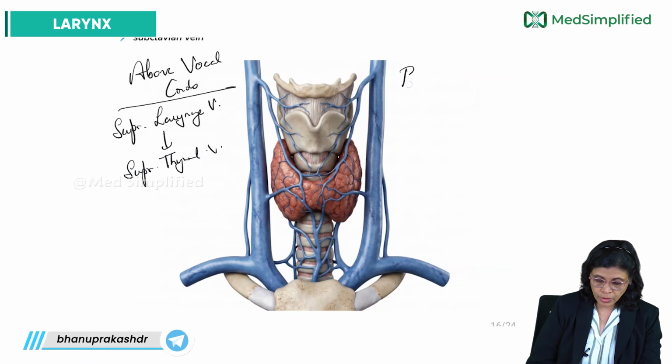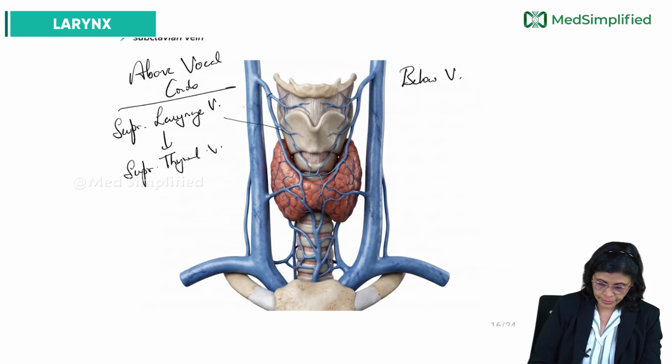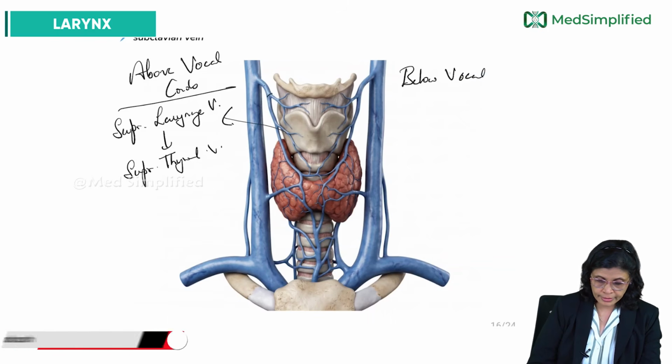Whereas below the vocal cords, it is the inferior laryngeal vein, which will drain into the inferior thyroid vein.